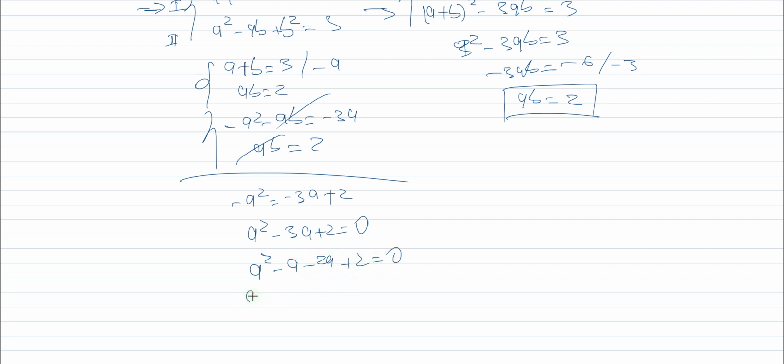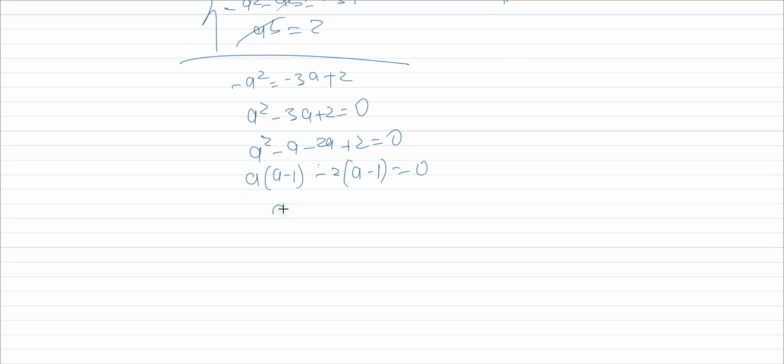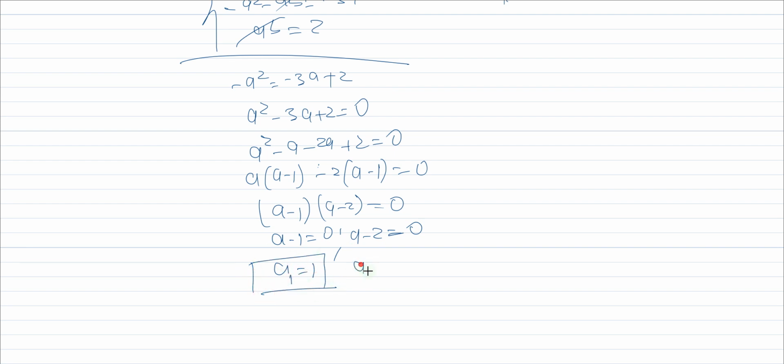So this is going to be a(a minus 1) minus 2(a minus 1). We have a common factor, so we have (a minus 1) multiplied by (a minus 2) equals 0. So a minus 1 is 0 and a minus 2 is 0. It means that a1 is 1, and a2 is equal to 2.